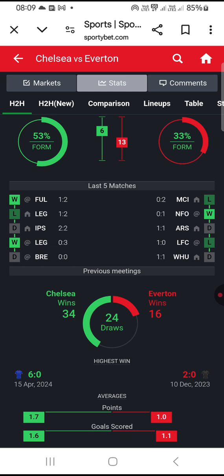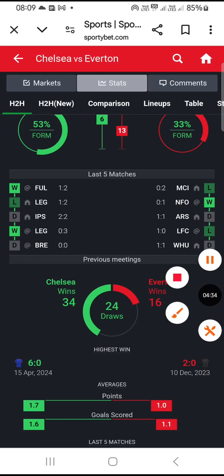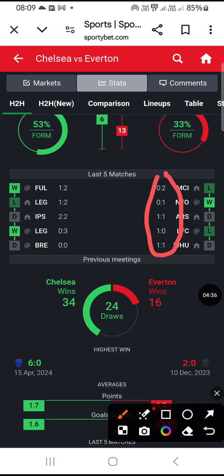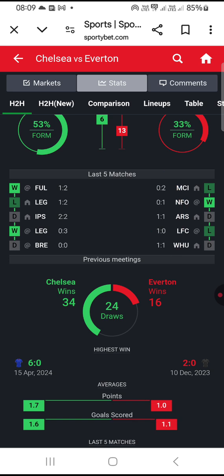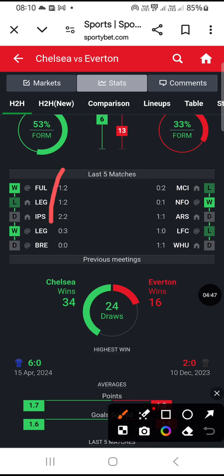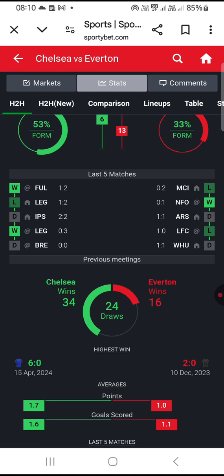They have been consistently having 2 zeros and have only 1. They lost. Okay, they have 3 zeros and 1. So these are the places you go and check. So Everton has 3 zeros and 1 in their 5 games, and Chelsea has an average of 2. Let's say an average of 2. So what does that mean in this match?